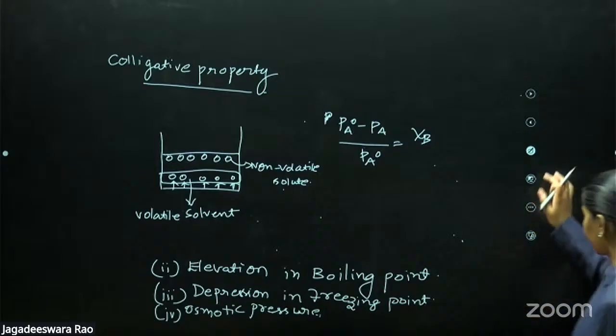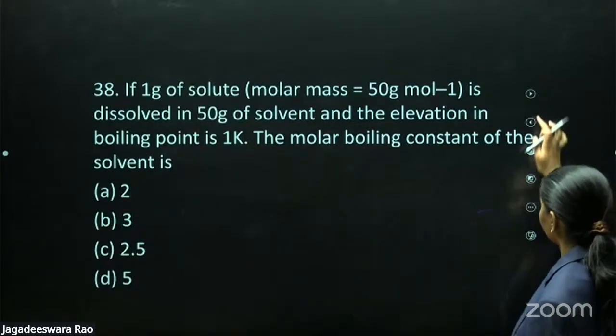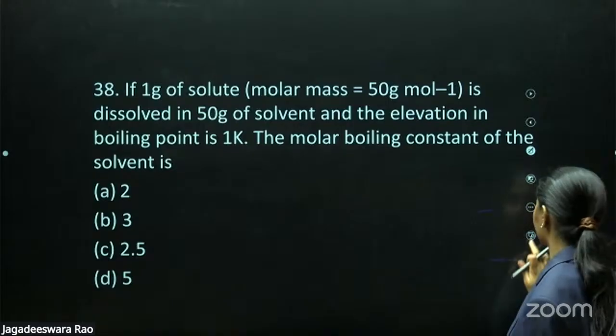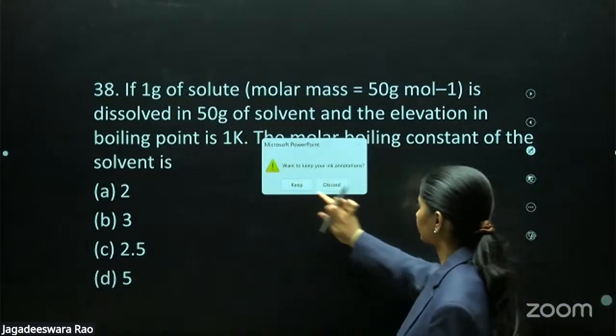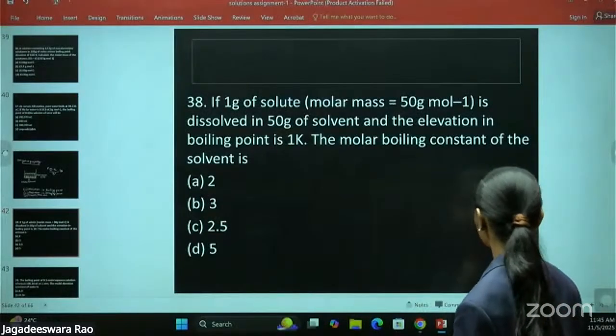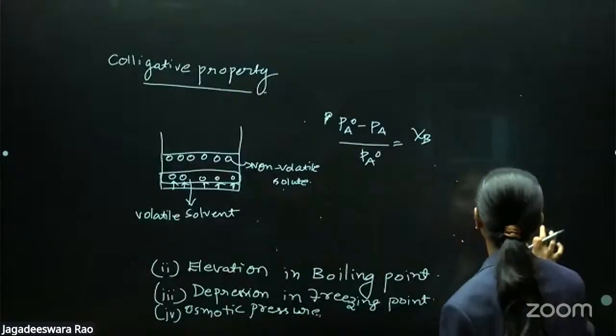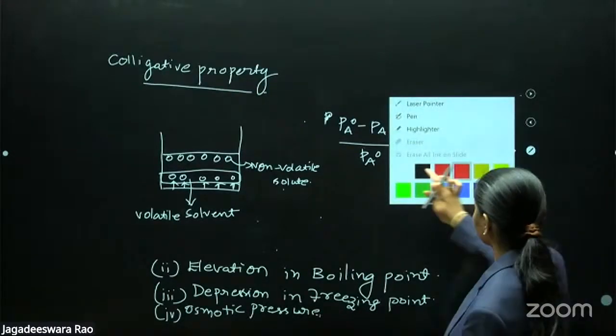So now what is PA naught? PA naught is the pure solvent vapor pressure.